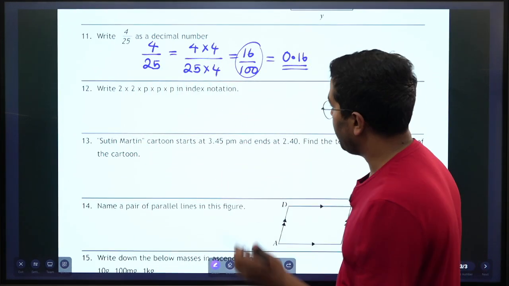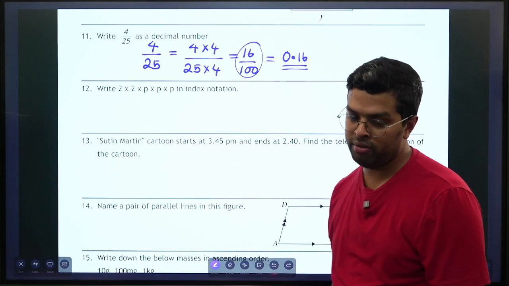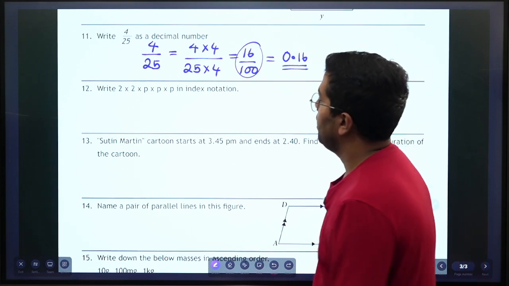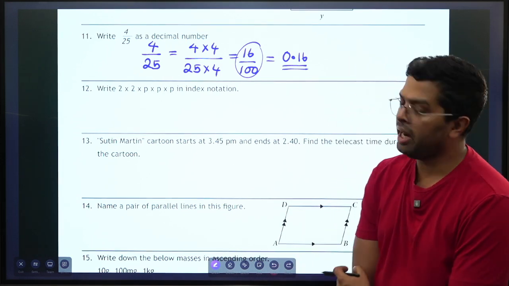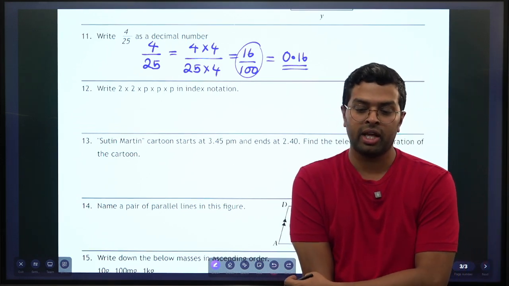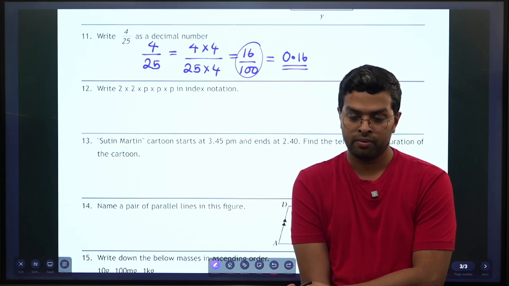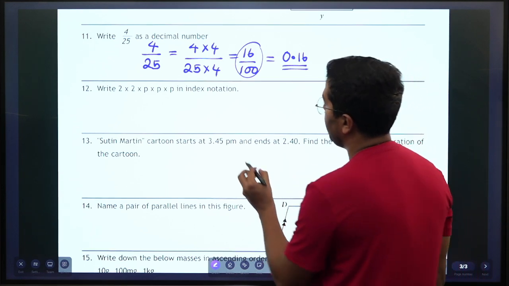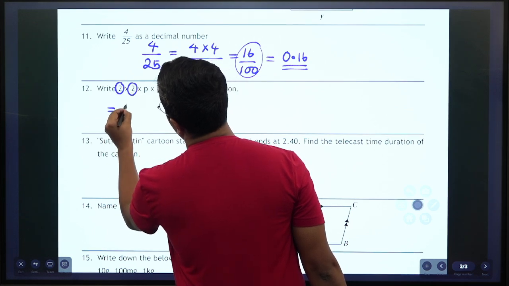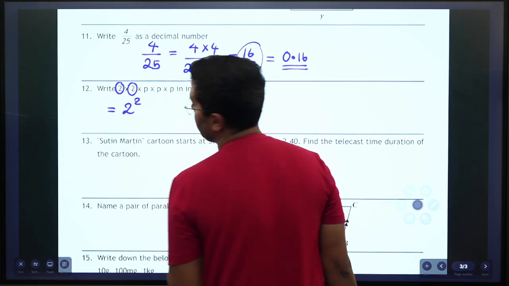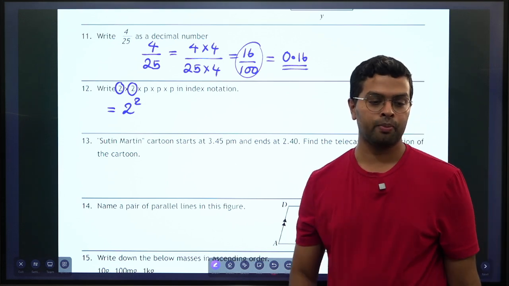Okay. Moving to question number 12. 2 into 2 into P into P into P. Write that in index notation. How to write this using index notation? This number 2 is multiplied again and again for 2 times, so that is 2 into 2.